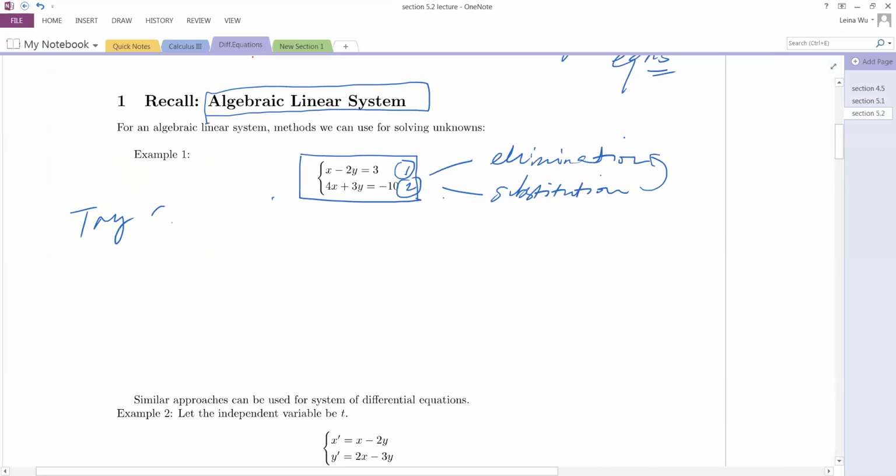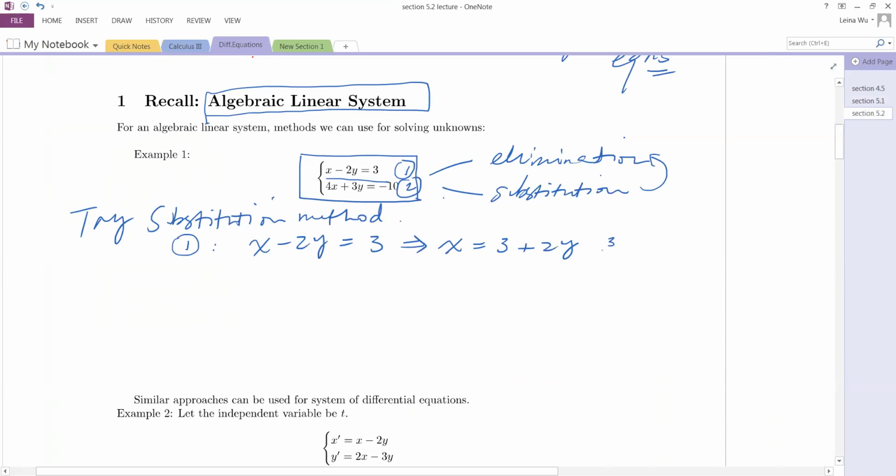So let's try substitution method. The reason we're doing this is because equation number 1 is relatively simple, right? We have x minus 2y equals 3. So that will give us x equals 3 plus 2y. Let's call this equation 3. We have equation 1 and 2, so this is equation 3. And I'm sure you guys know what to do next.